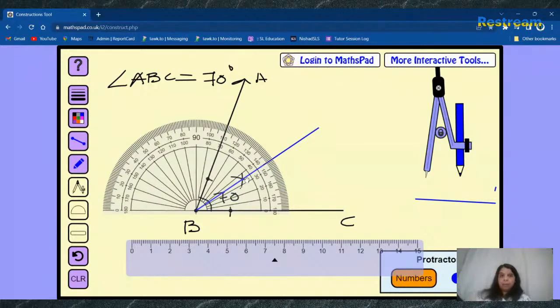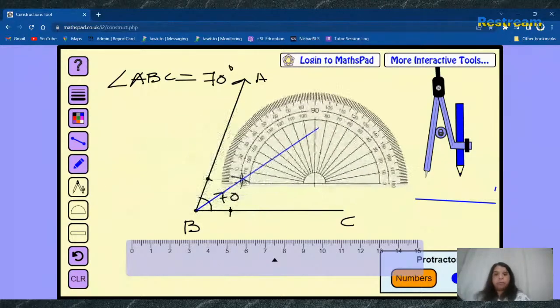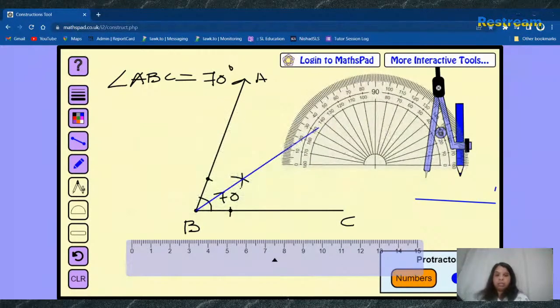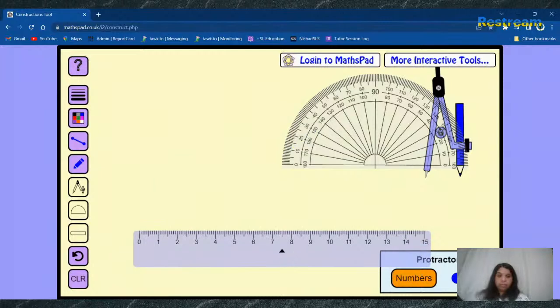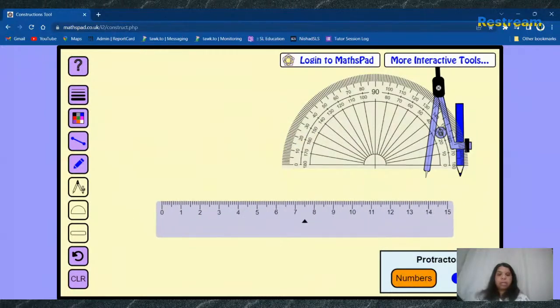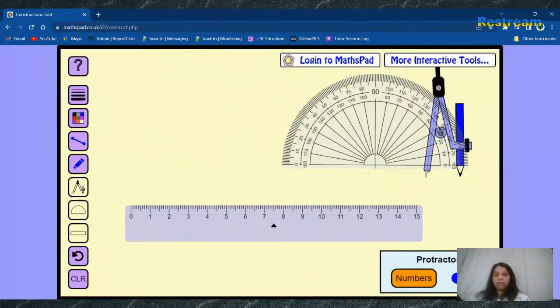So now what will happen if I have an obtuse angle? What will I do? So let's see. Okay, no problem. So now we are going to do an obtuse angle. So we'll clear everything up first and we are going to draw an obtuse angle. Let's do it on the other side. We have drawn a lot of angles pointing towards right.